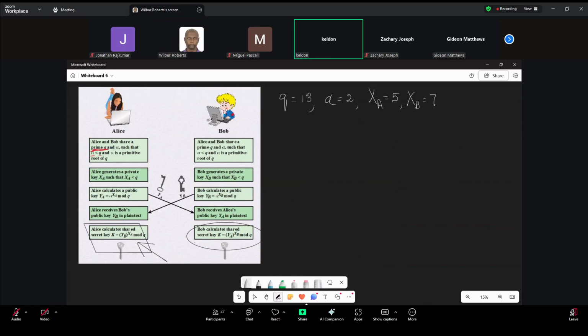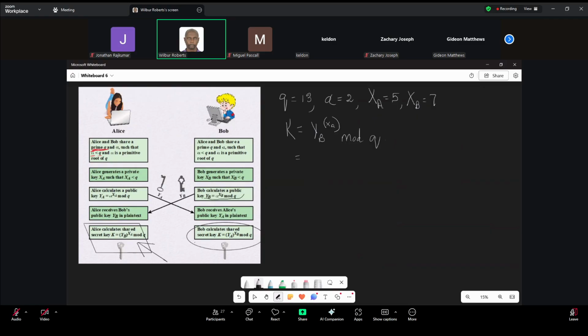So the secret key K is equal to YB to the power of XA mod Q. So YB, if we go across here, we will see YB.